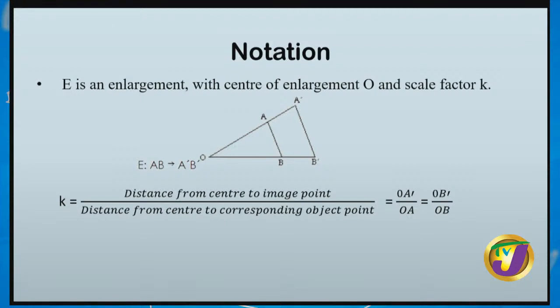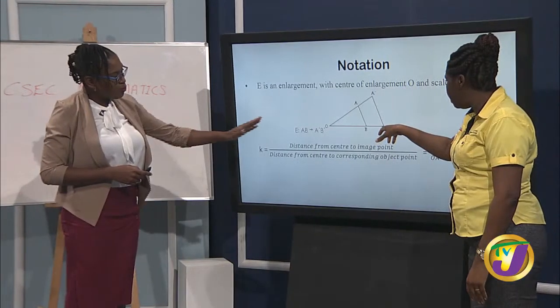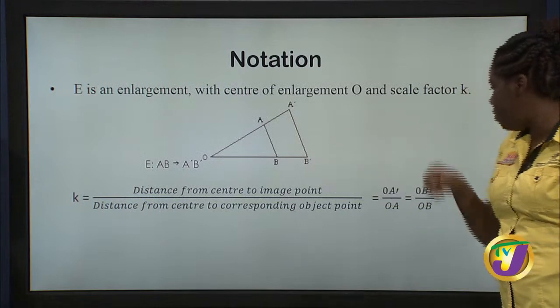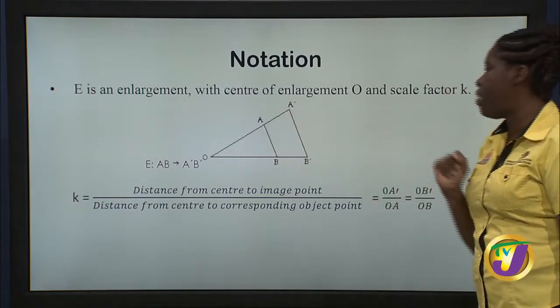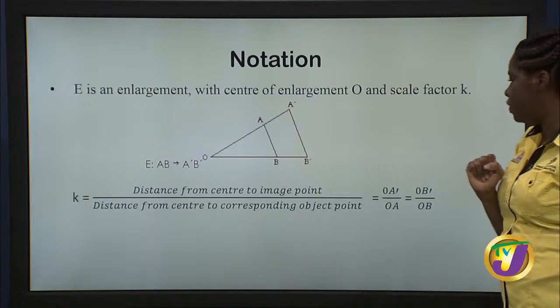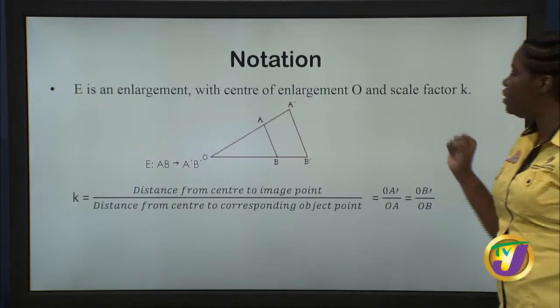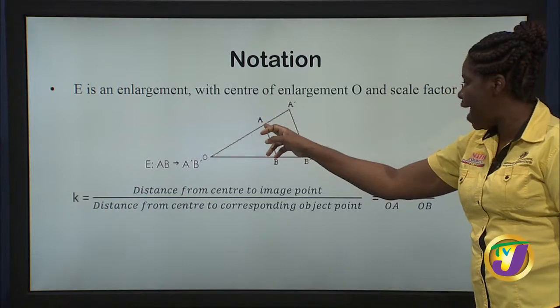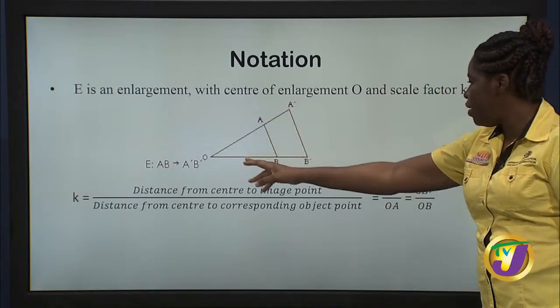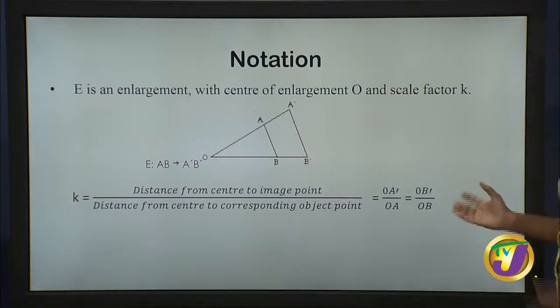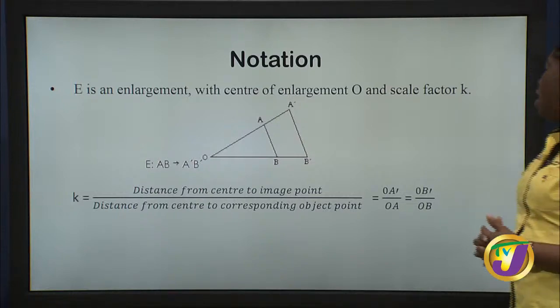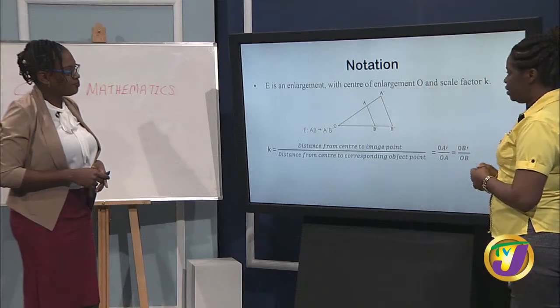We would look at the distance from the center of enlargement to a point on the image, so from O to A prime, or O to B prime. And we would also look at the distance from the center O to A, which is the object, and O to B, any corresponding point we can choose, and then we would divide these lengths.